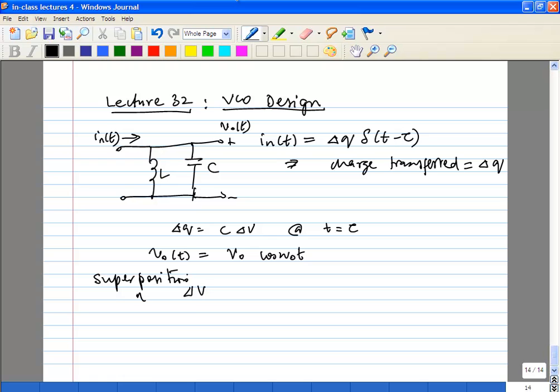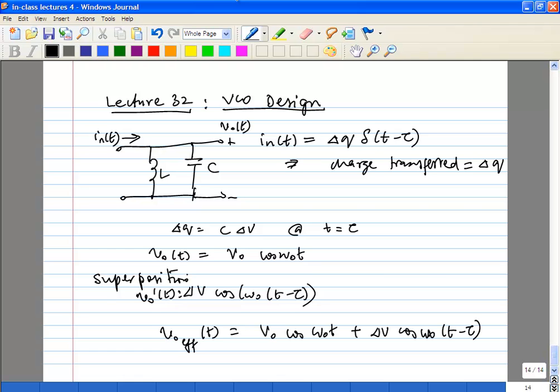So you'll have delta V. At tau, you have a peak charge on the capacitor, so it will go with a sinusoid which is delta V cos omega naught (t minus tau).